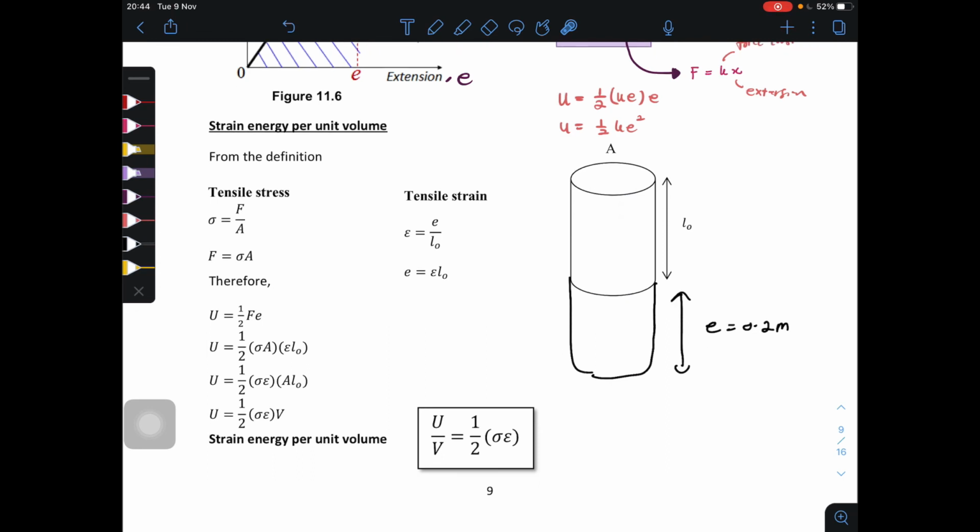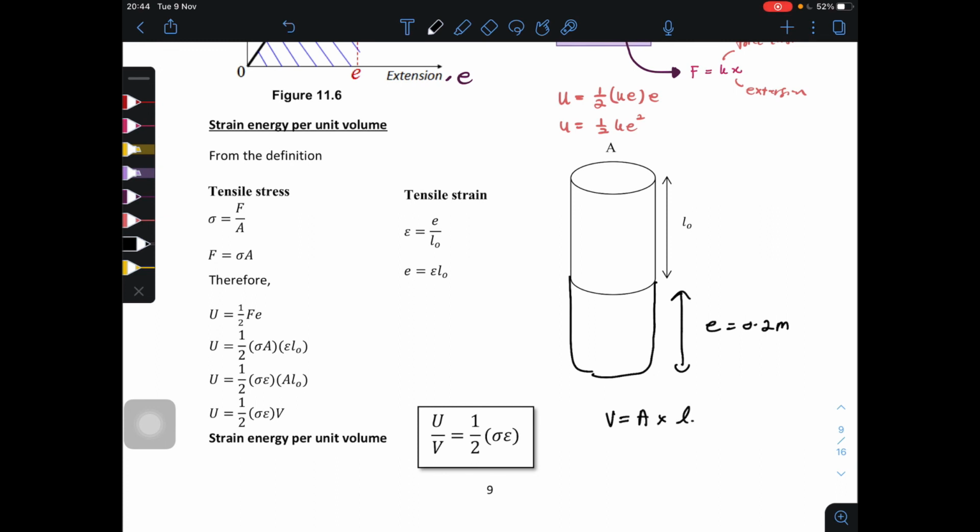So when the volume also changes, the energy stored within the material we call it as the energy per unit volume, U divided by V, di mana volume dekat sini adalah sama dengan area times the original length.